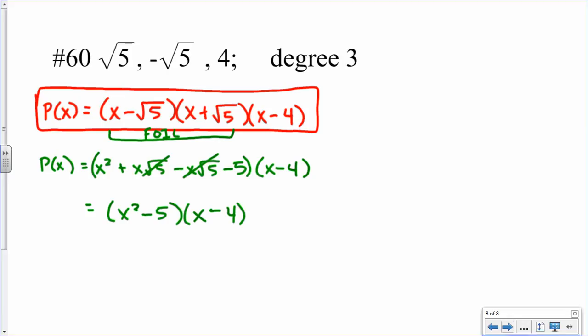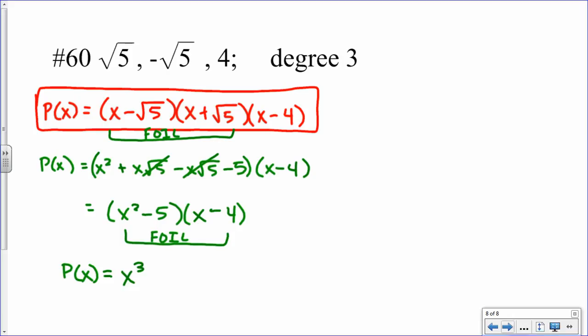Even though this is x squared, this is still a binomial. So I have a binomial times a binomial, which means I can FOIL again. So x squared times x is x cubed.